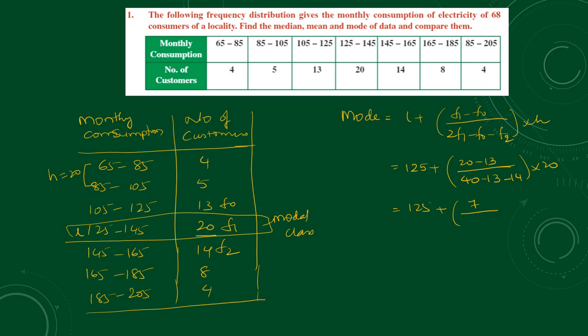So this gives me 13, right, into 20. So this gives me 125 plus 7 20s, 140, divided by 13. So 140 divided by 13: 13 tens are 130. Next I am left with the 10.